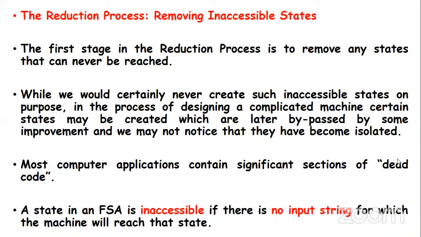So a state in a finite state automaton is inaccessible. Now listen to the definition. A state in an FSA is inaccessible if there is no input string for which the machine will reach that state.